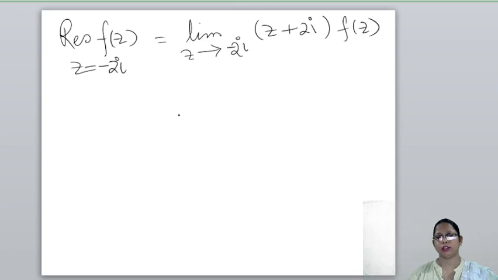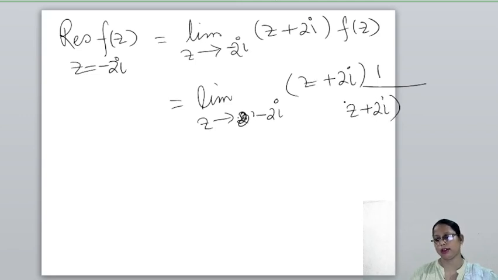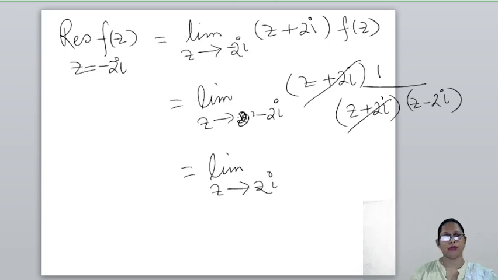Now writing the given function by using its factors, in place of z squared plus 4, I can write this one. This factor cancels out.